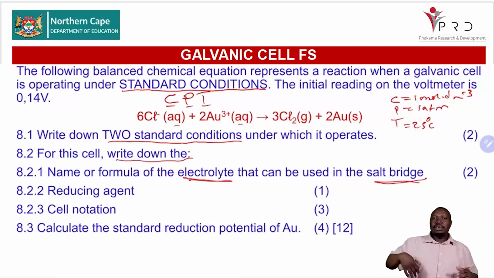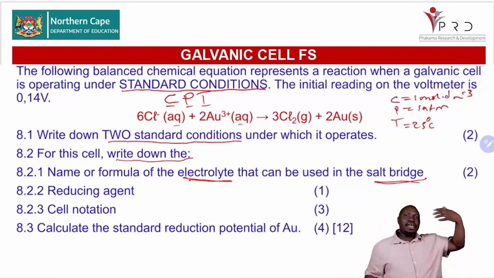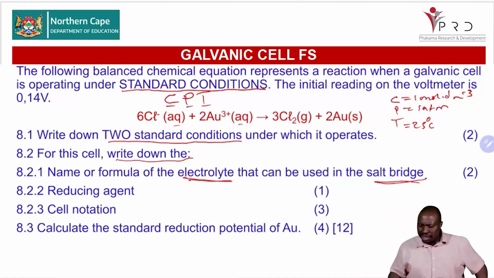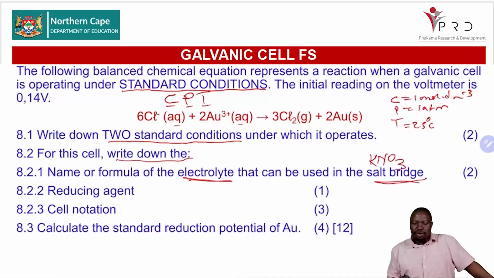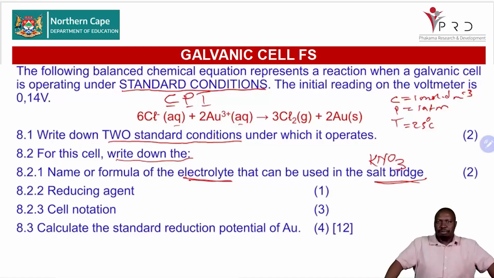The salt must be able to form the cation and the anion in order to maintain neutrality. So you can choose any salt that can dissolve there. You can use potassium nitrate, for example, because it can form a cation, which is K+, and an anion, which is NO3-.